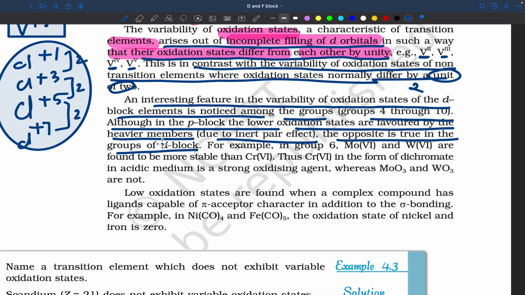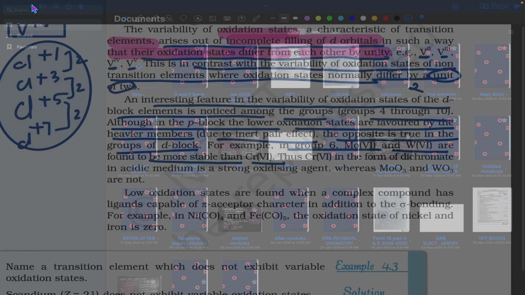For example, in group 6, molybdenum +6 and tungsten +6 are found to be more stable than chromium +6. So this point you have to notice, or you should be able to remember this.